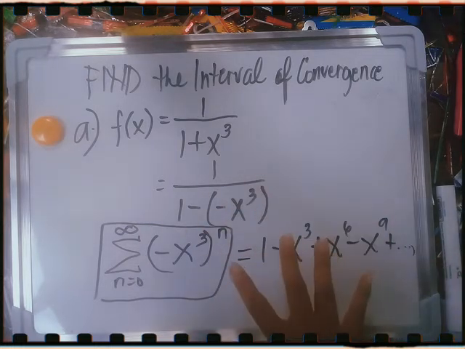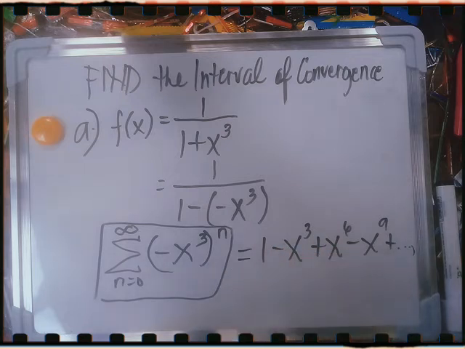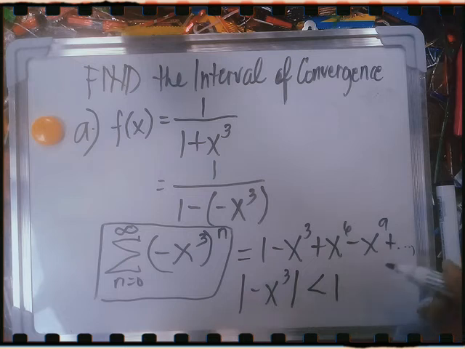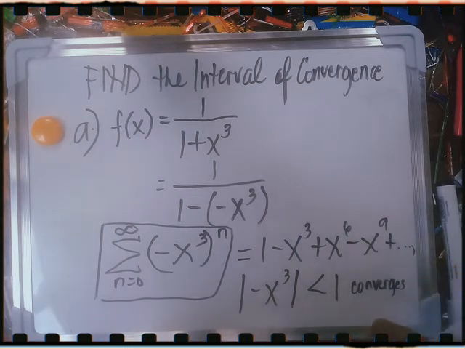Since this series converges if and only if, so yung mga conditions natin kanina, then the absolute value of negative x cubed is less than 1. So it will converge at this situation.